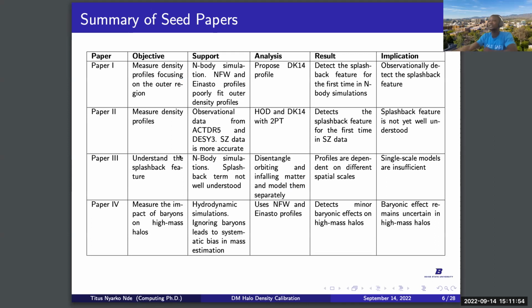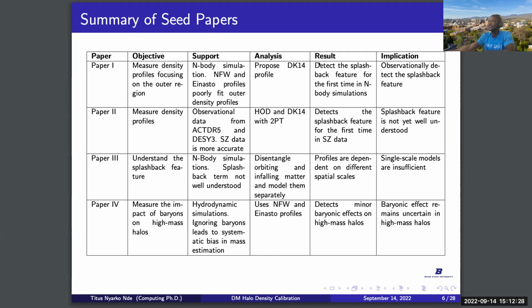For instance, in paper 1, the main focus is to calibrate density profiles, but their attention is on the outer region. They use data from N-body simulations. Their motivation is that we have NFW and Einasto profiles that precede this paper, and these profiles usually poorly predict density profiles. So in their analysis, they proposed a new fitting equation, a new analytic function.